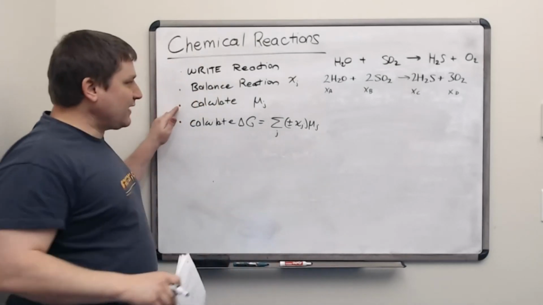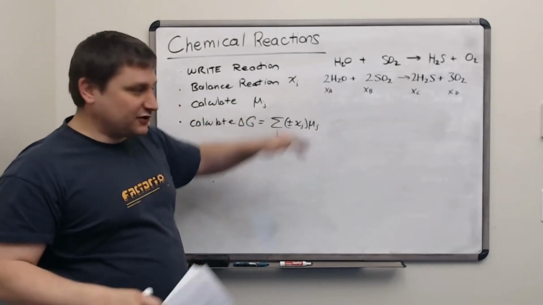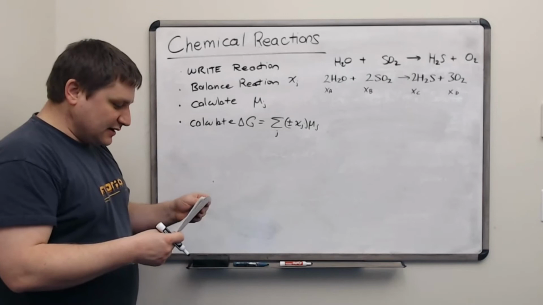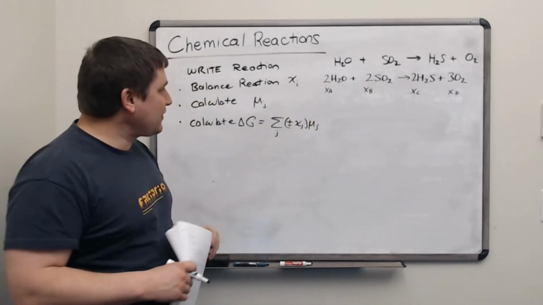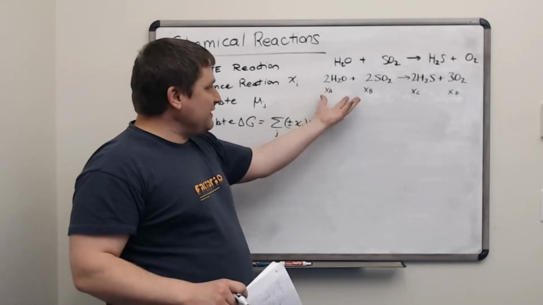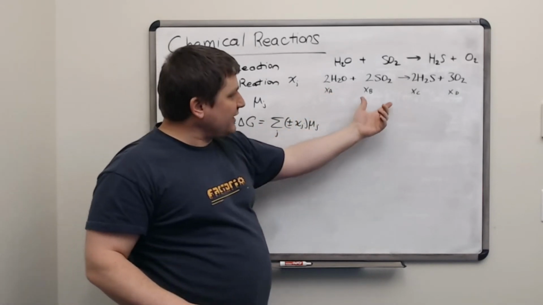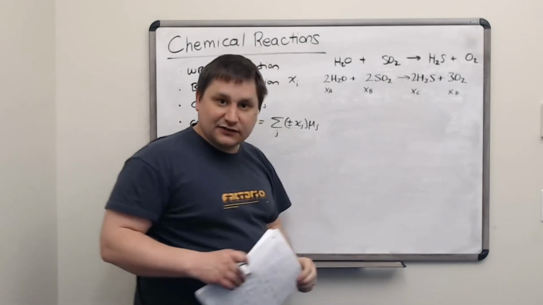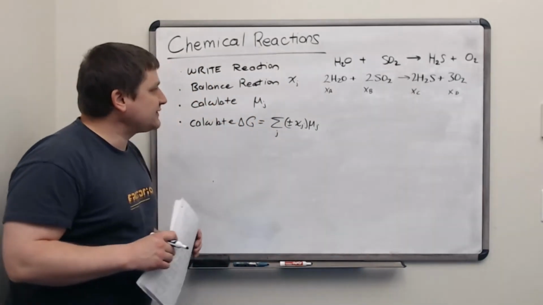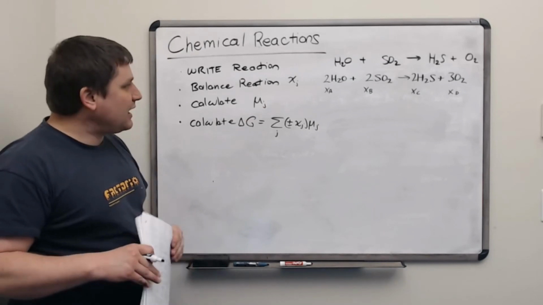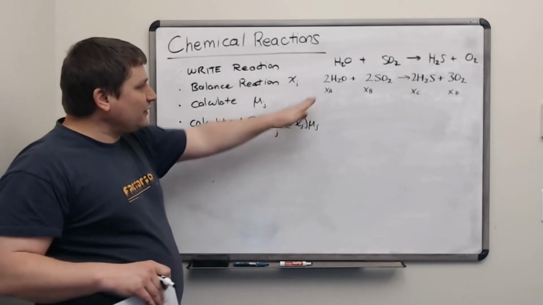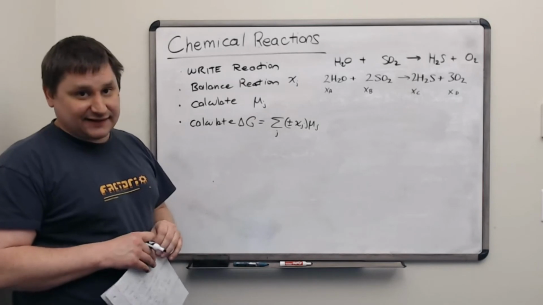Third step, we have to write down an expression for the chemical potential of each of these components. Now, I do have some freedom here at this point to decide whether these components are going to be maybe in the liquid state, in a gas state, or in an aqueous solution or a solid, right? I get that choice. For this example, we will treat all of these as if they're all in the gas state.